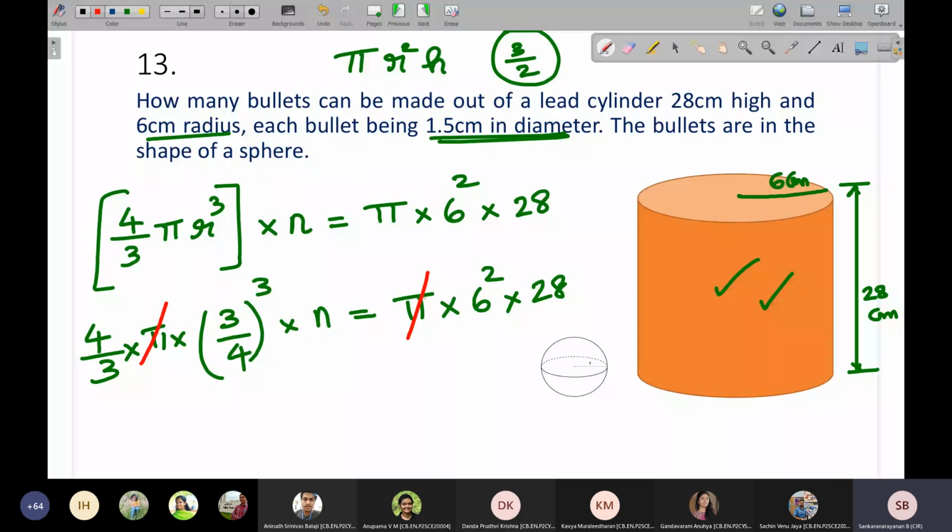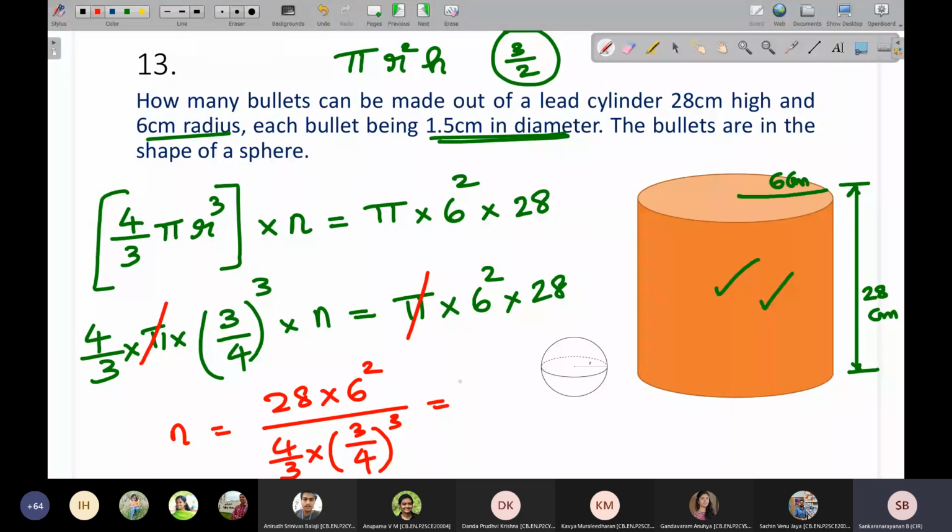And now from this, it is easy for me to get the value for n. That n is nothing but 28 into 6 square divided by 4 by 3 into 3 by 4 whole cube. That's all. So calculate this and find out what is the value for n you are getting here.